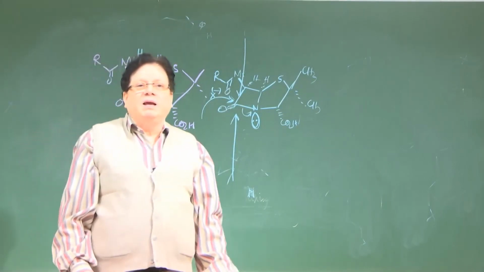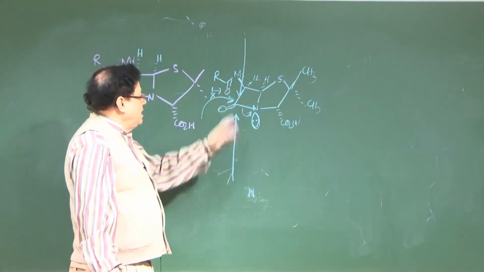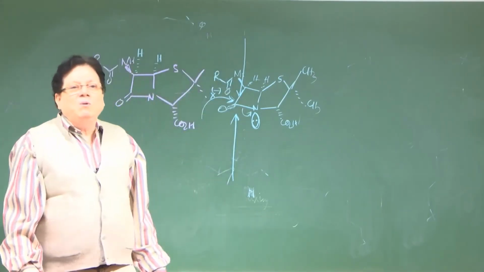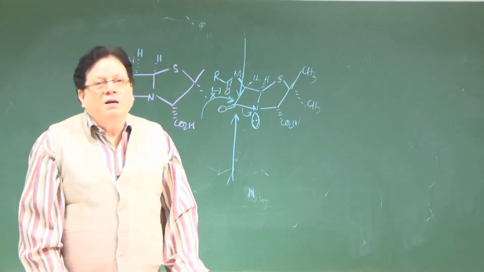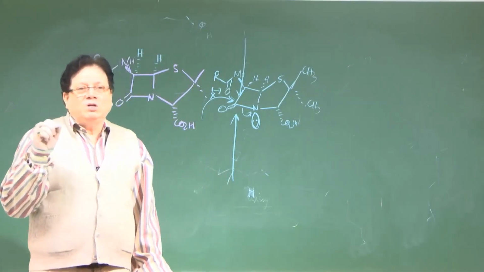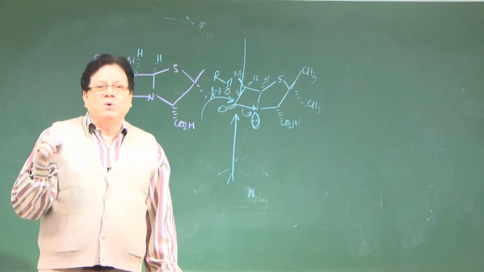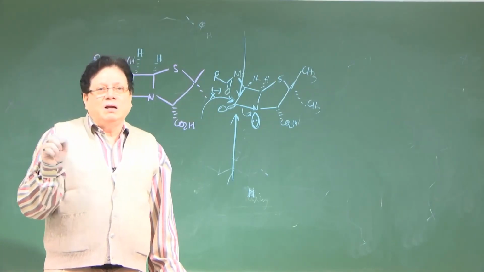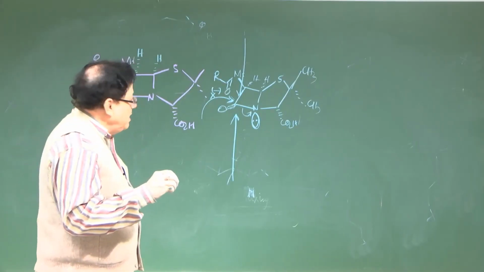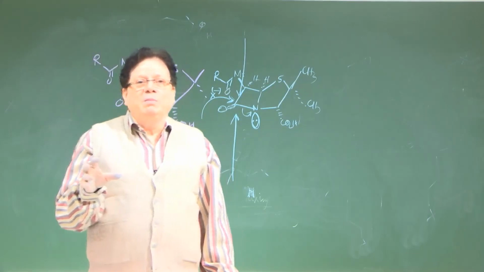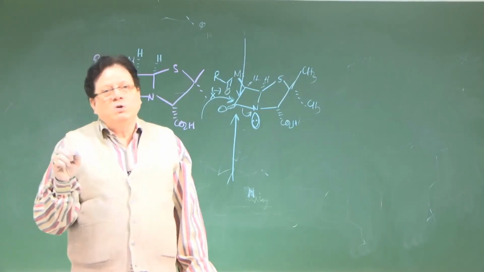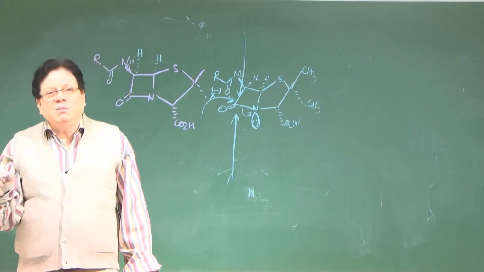So, what people might think is that the enzyme will attack the more exposed side, and will not attack from the top face. Okay. However, our stereoelectronic requirement is what? That the approach should take place in such a fashion so as to minimize the repulsion between any electrons that may come in the way of the approach of the nucleophile. Okay. So, the nucleophile should approach from a side where there is minimum repulsion.